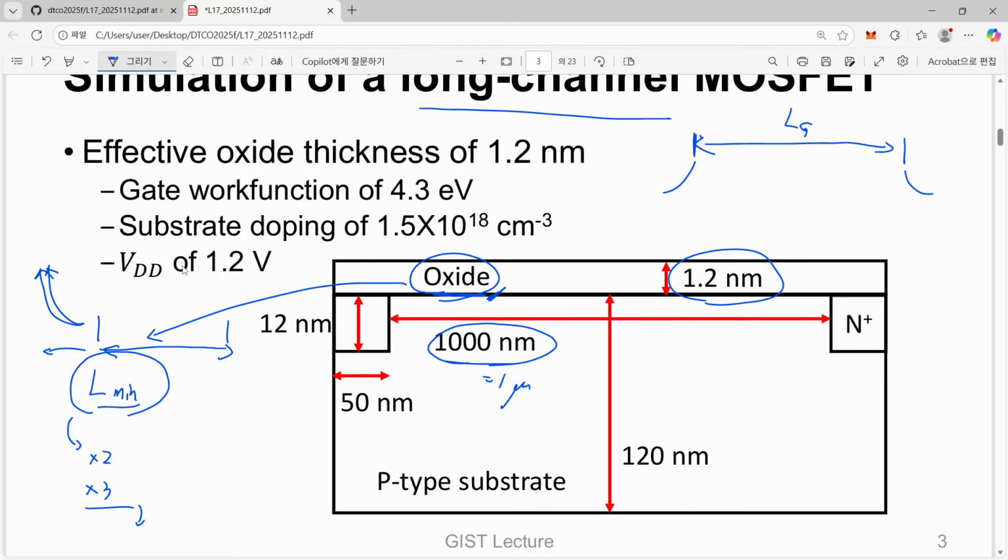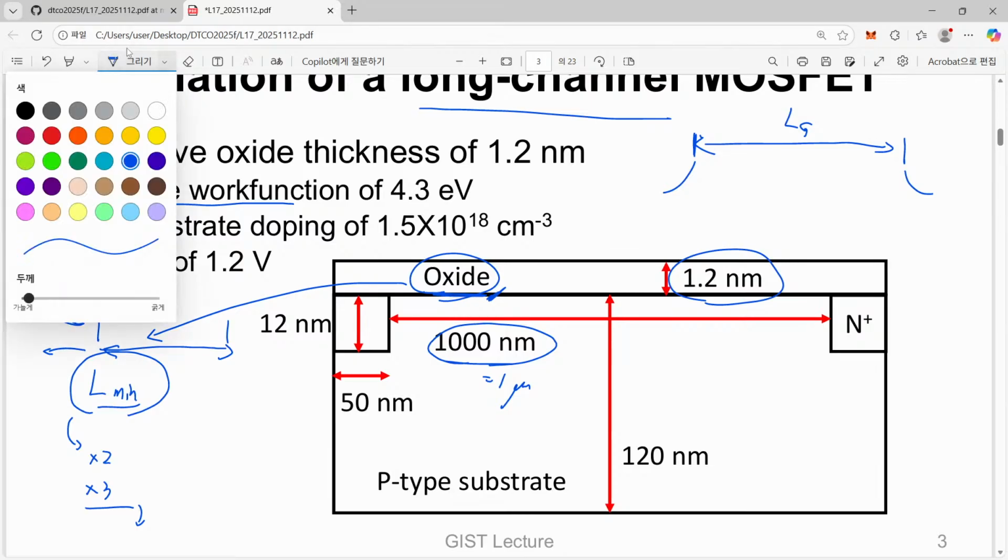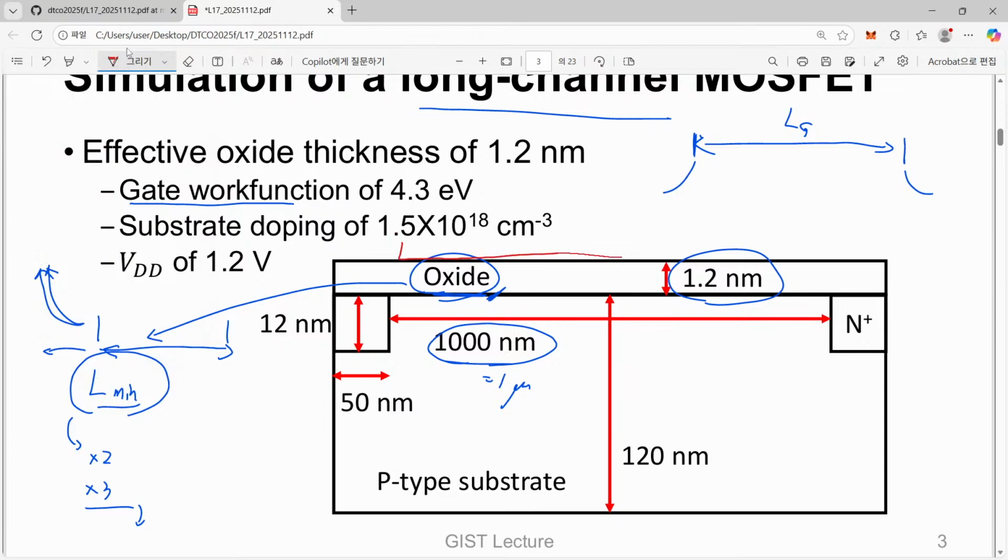And here we have a gate work function. Where is the gate? The gate is just placed on top of this channel region. It is not shown in this simple schematic, because although the gate itself is a metal, we do not actually consider the metal itself.